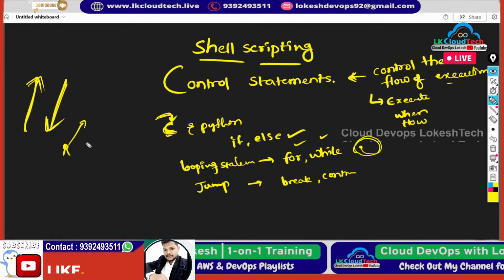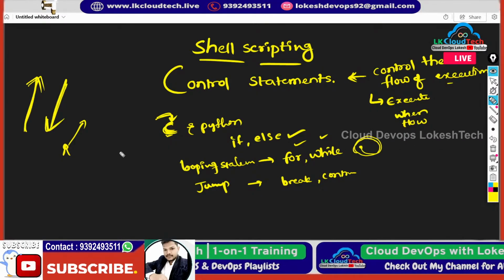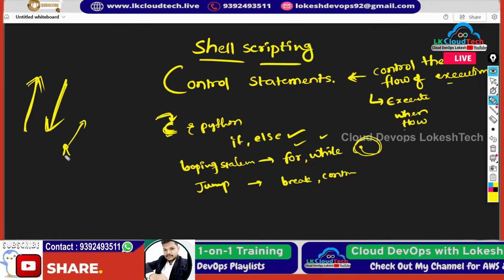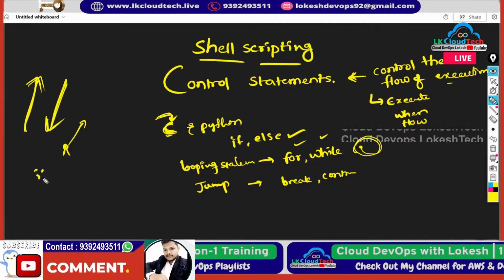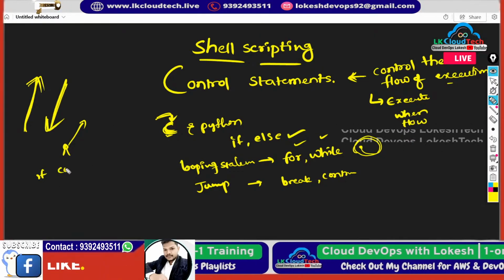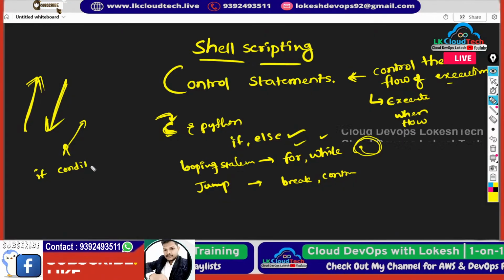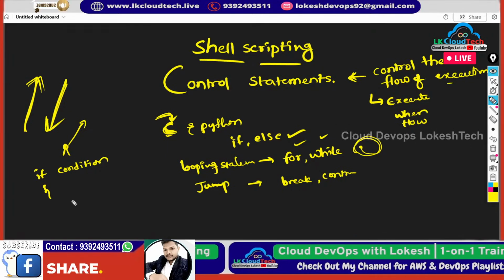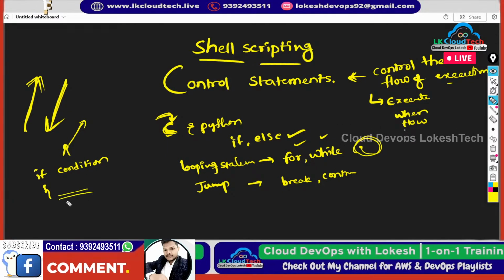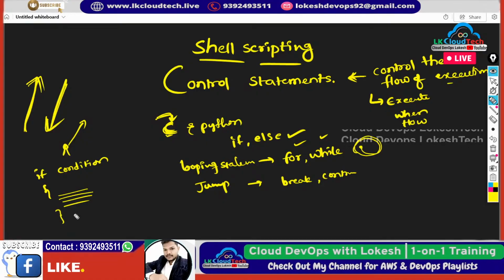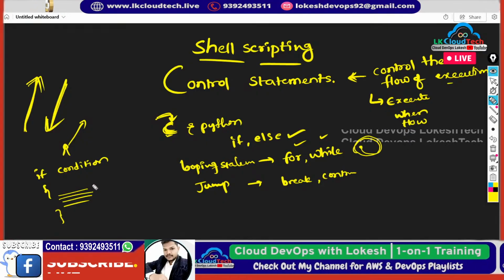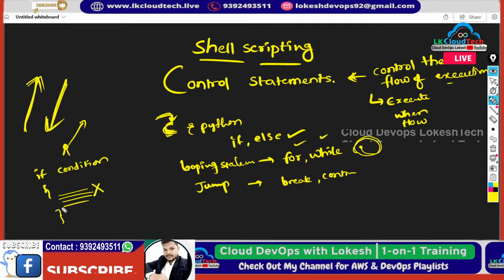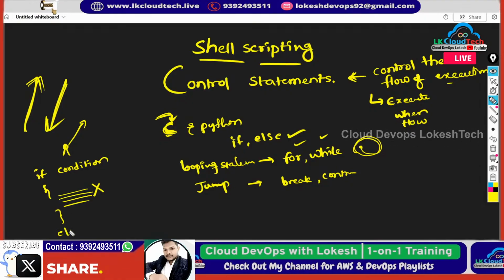In C, Java and Python, how do we write conditional statements? First we write the if condition, and in this we write some statement. After that, if the condition fails, we execute the else.